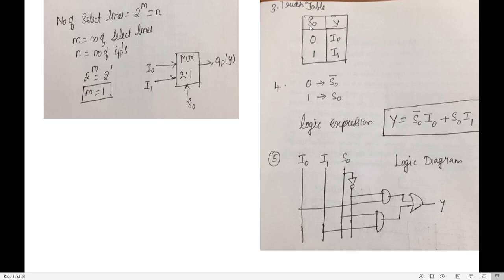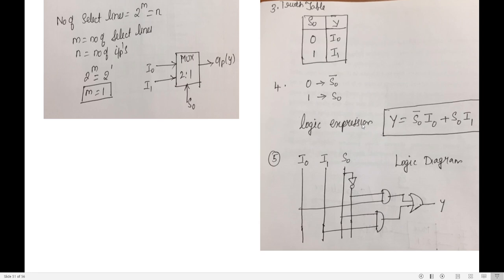So my truth table will have the select line and the Y output. If it is 0, I forward I0 to the output. If it is 1, I forward I1 to the output. So 0 is S naught bar, and 1 is S naught.